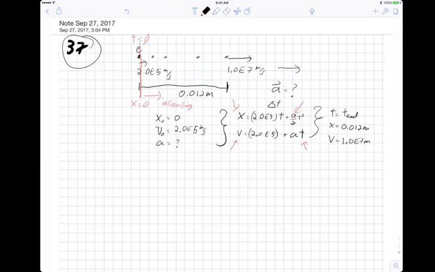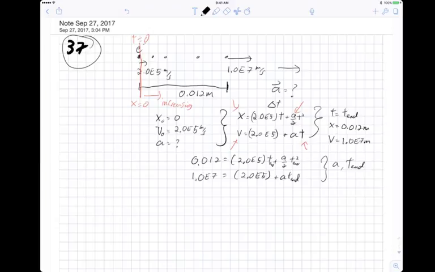So let's fill that in. 0.012 is equal to 2.0 E5 t plus a over 2 t squared, and 1.0 E7 is equal to 2.0 E5 plus a t end. So there are 2 things we don't know here. We don't know what a is, and we don't know what t end is, but we can solve for these algebraically.